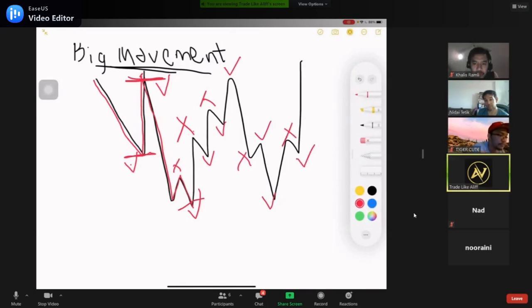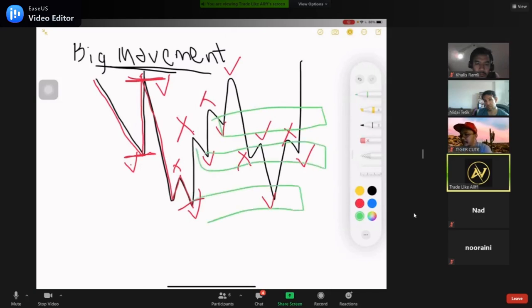These will be the zones that will be marked by us, such as you mark the big movements in the line chart for trading.